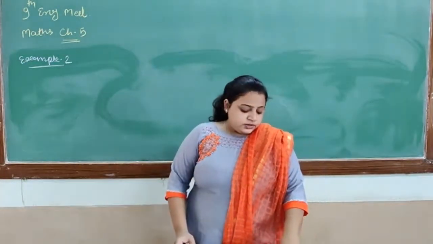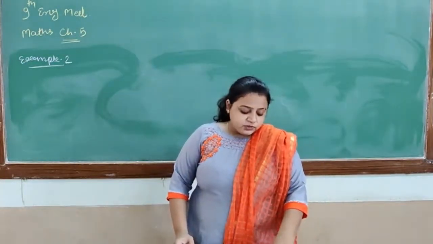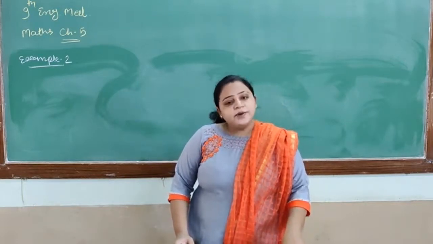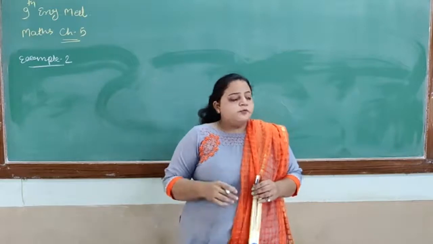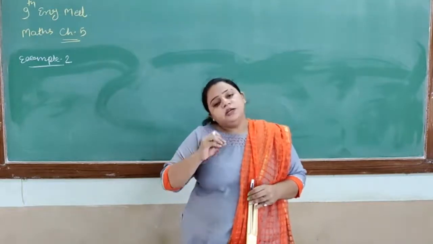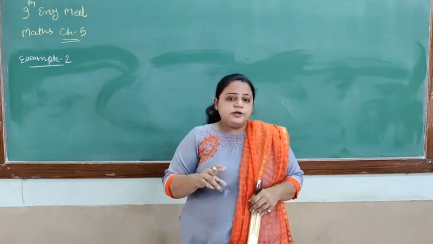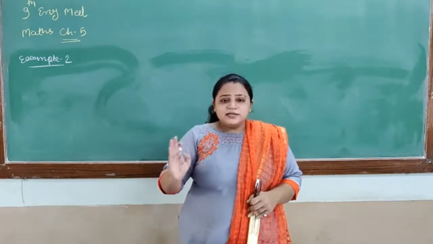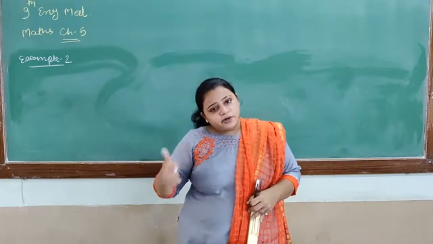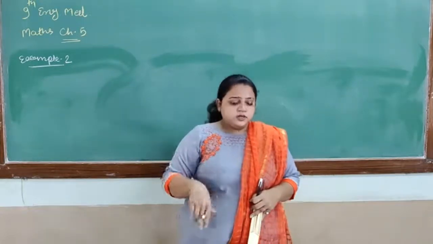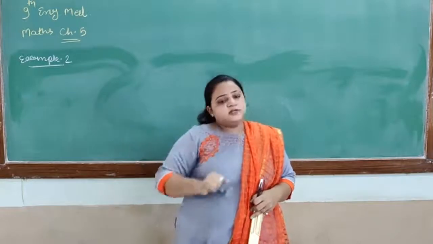Prove that an equilateral triangle can be constructed on any given line segment. We have to prove that if you take any line segment, you can form an equilateral triangle. Now what is an equilateral triangle? All sides and angles of a triangle are equal. Suppose 60, 60, 60. 5 cm, 5 cm, 5 cm.